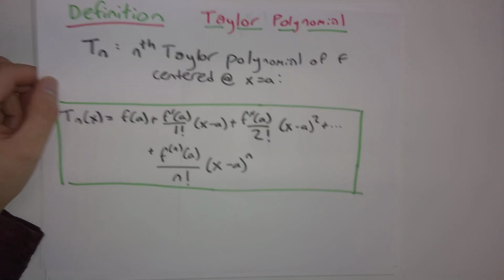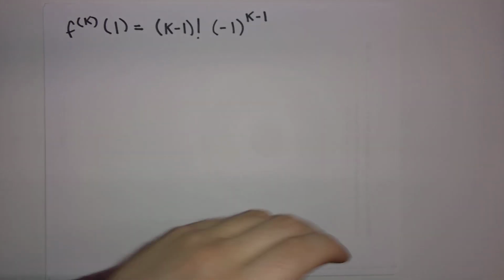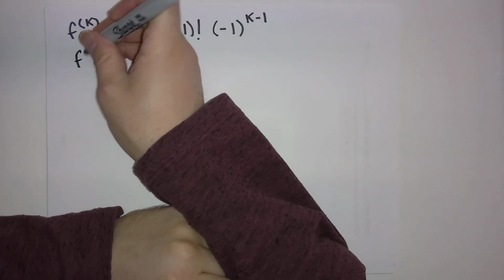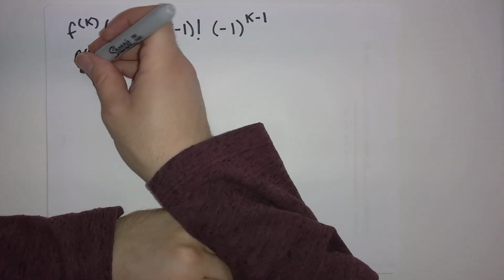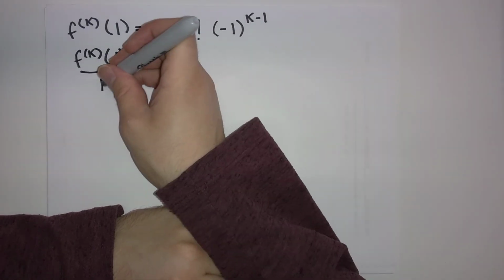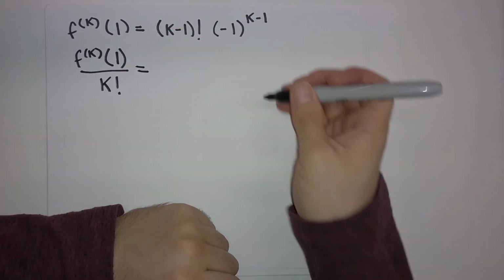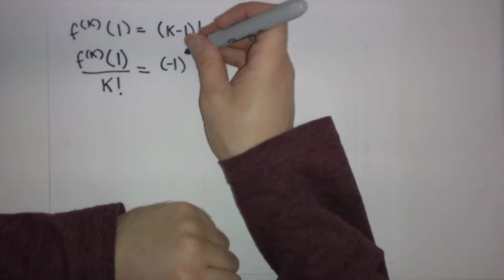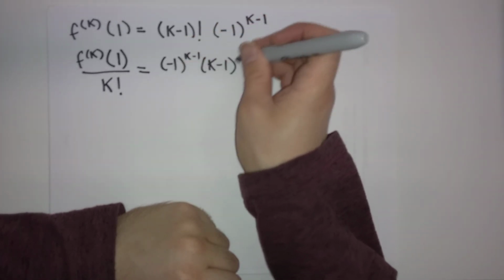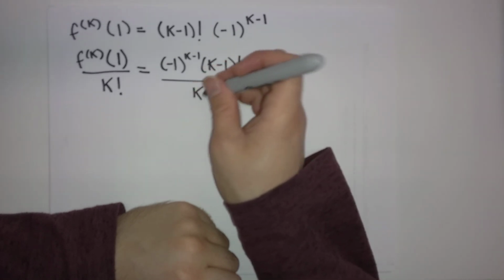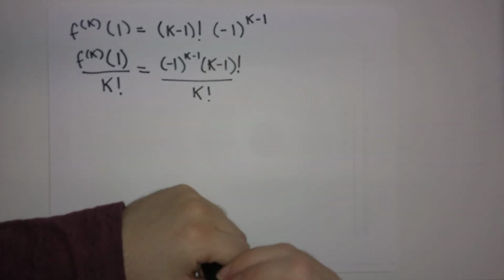I'm using k instead of n here. Either letter is fine. So the kth derivative of f evaluated at 1, divided by k factorial, is going to be (minus 1) to the k minus 1 times (k minus 1) factorial divided by k factorial.